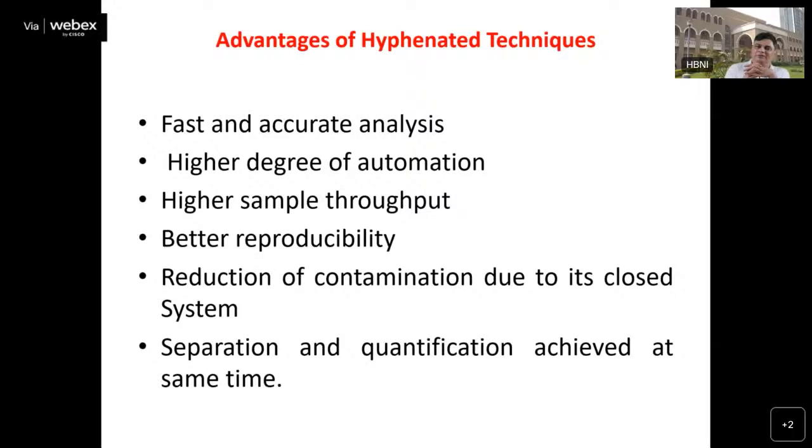Then there is reduction of contamination due to the closed system, because you are not moving your samples from one instrument to the other after the separation. Those things we avoid. That's how we bring about the reduction of contamination, and separation and quantification are achieved at the same time.